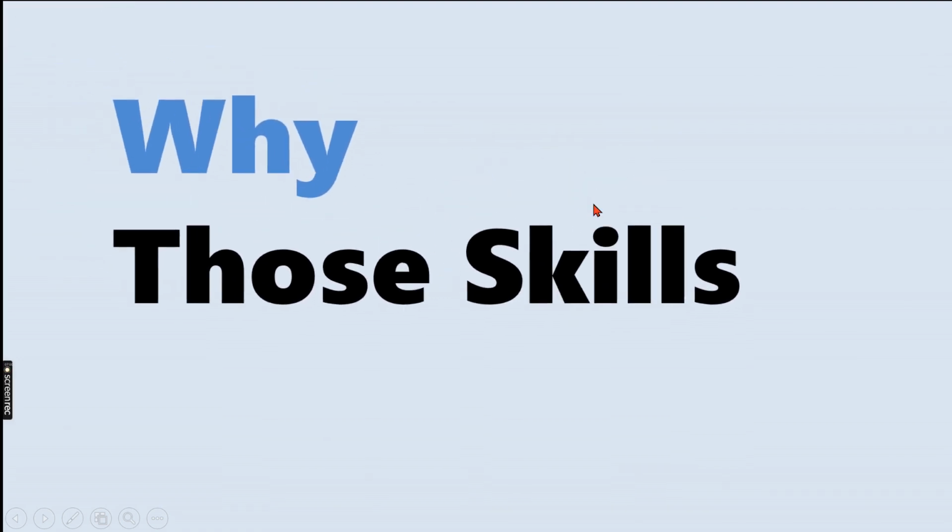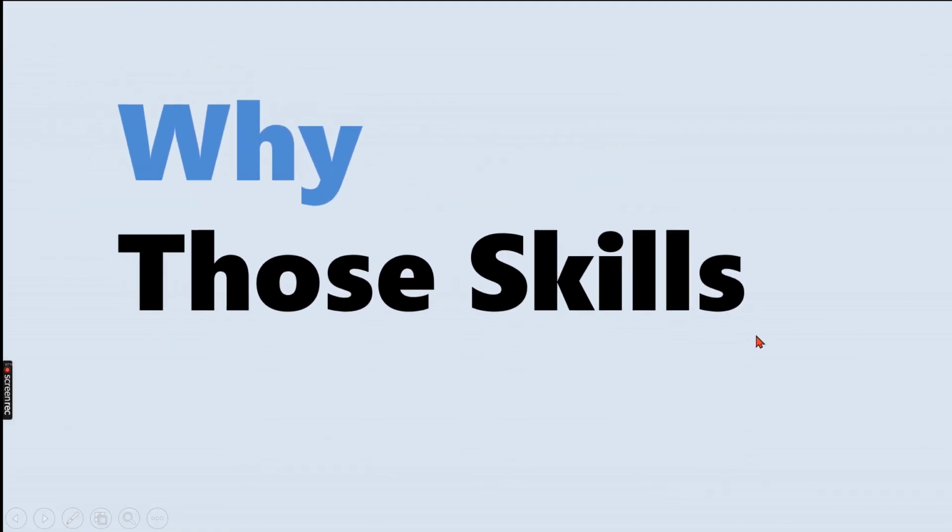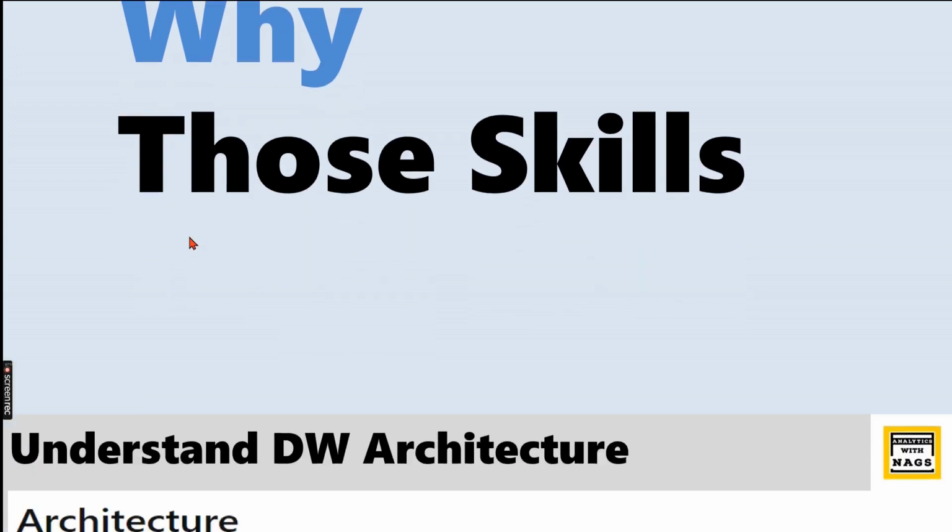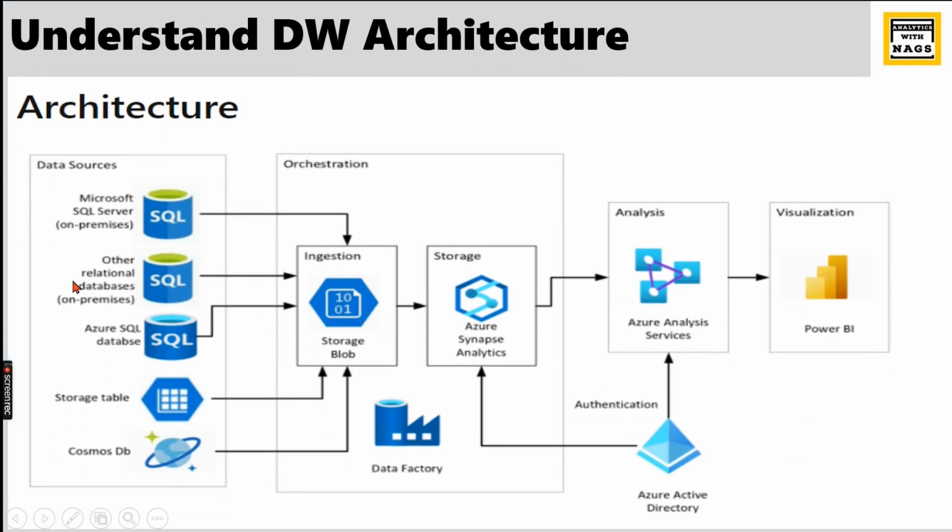Let's try to understand why those skills are required, right? I told some skills for data analyst and some skills for data engineer. Why those skills? In order to understand why those skills and what role they play, we need to understand the entire architecture of a data warehouse. Basically, we have data in different sources. It can be different varieties as well.